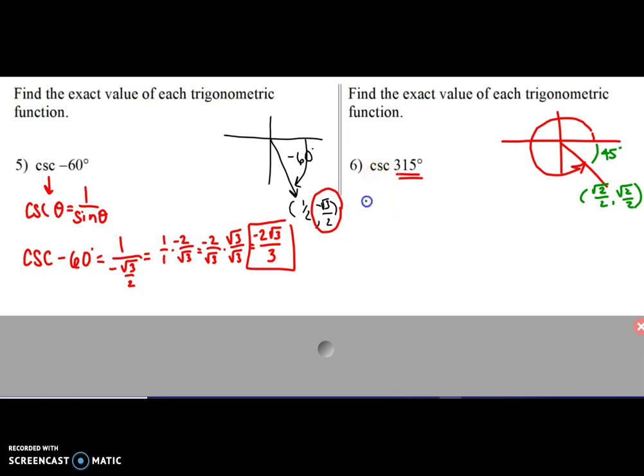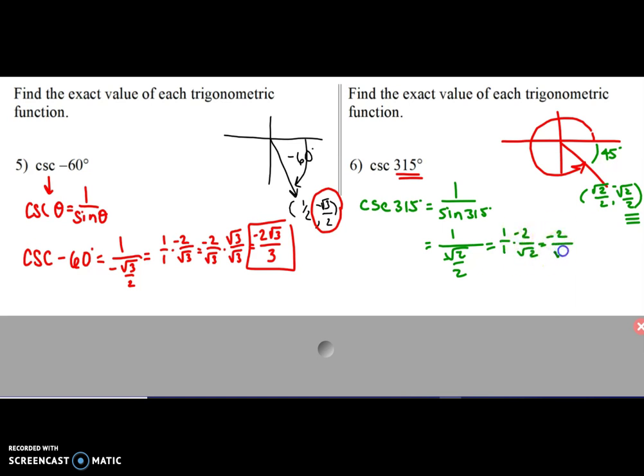So the cosecant of 315 degrees is 1 over the sine of 315 degrees. And here's the sine, it's the y value, and it should be negative. So that's going to be 1 over negative square root of 2 over 2, which is going to end up being 1 over 1 times 2 over the square root of 2.